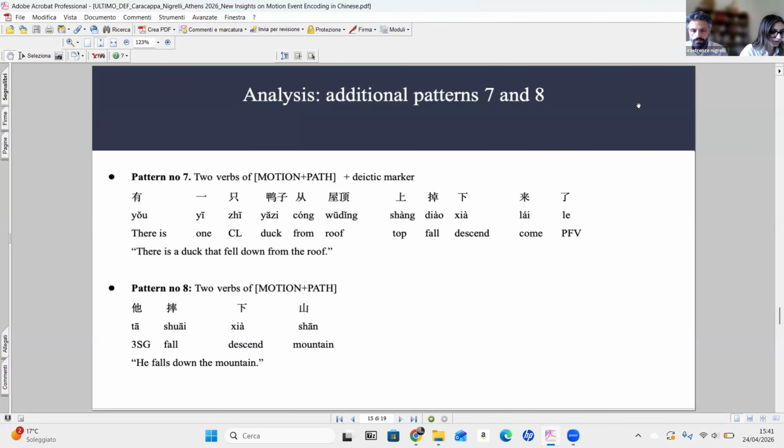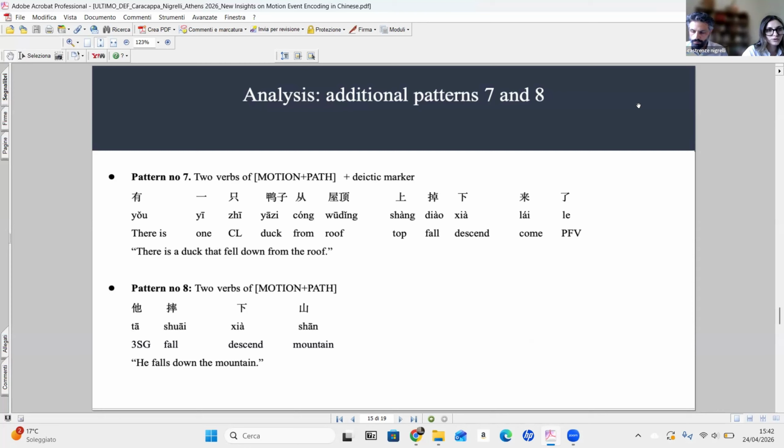In particular, in pattern number 7 and in pattern number 8, the verb fall is followed by the verb descend, which belongs to the class of open-scale motion morphemes, and introduces a scalar structure to the motion, specifying a downward direction along a vertical axis.